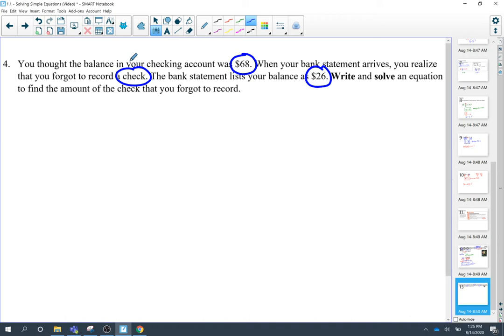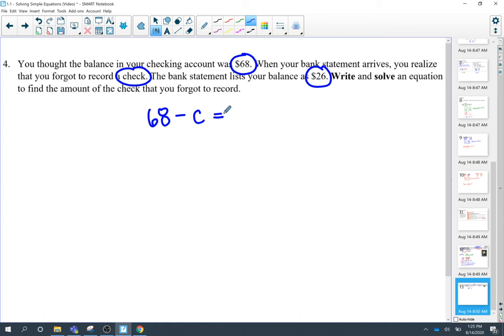something. So the equation we're going to look at is: okay, I had $68, but I spent money. I wrote a check, or I swiped my debit card. So that money is minus whatever that check was, or whatever the debit card was. So I had $68, but I spent some money that I forgot about.